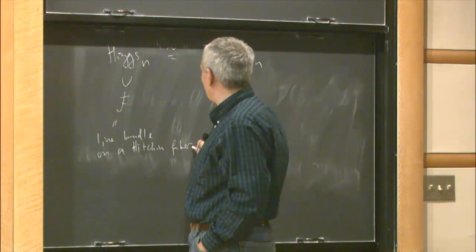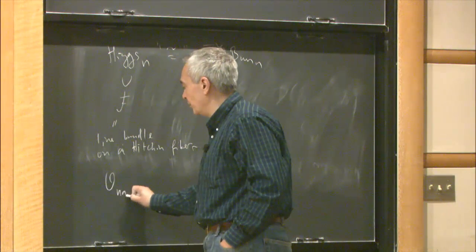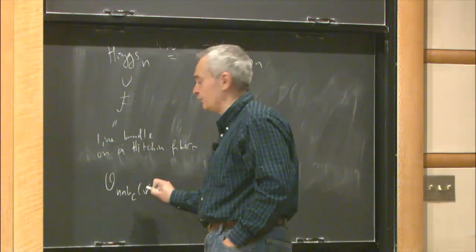This is the thing that I called the non-abelian Hodge correspondence applied to V.